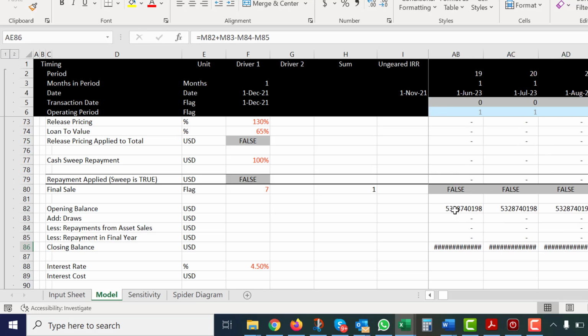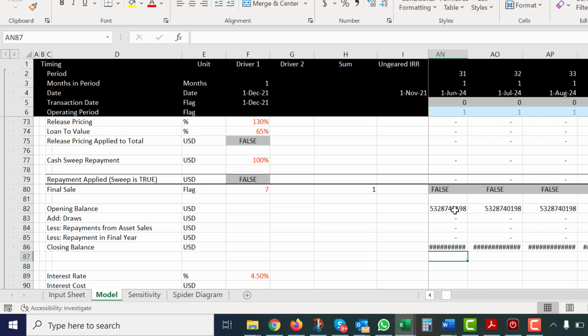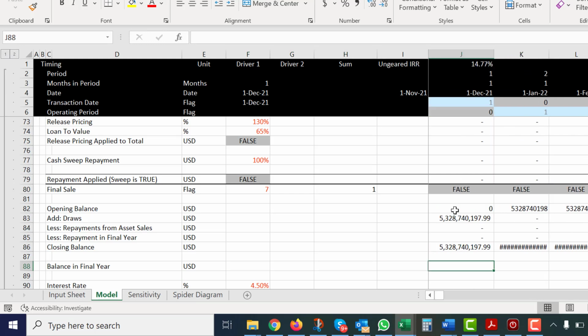And let's do this. For this final sale year, let's put a balance in last year. And this is really just a test. Let's take this TRUE and multiply it by this one.